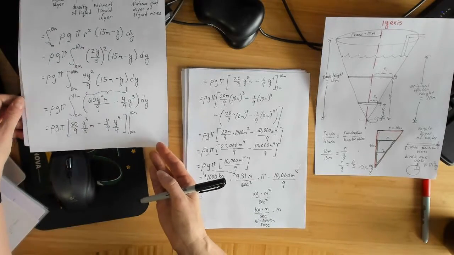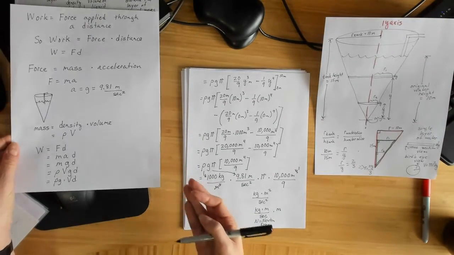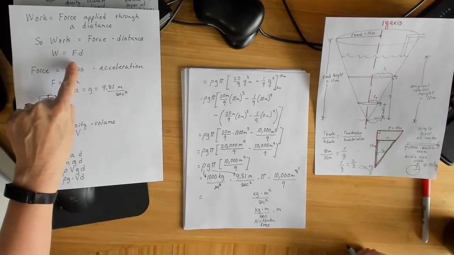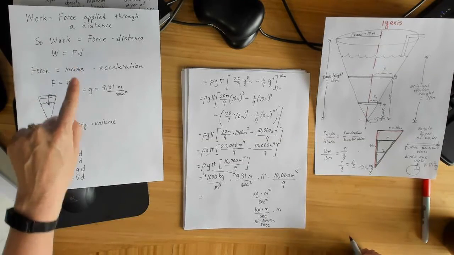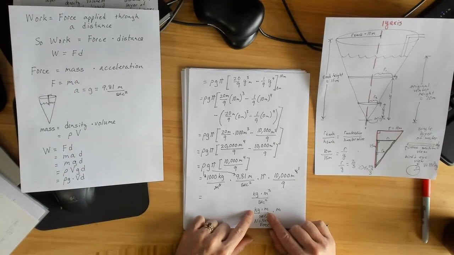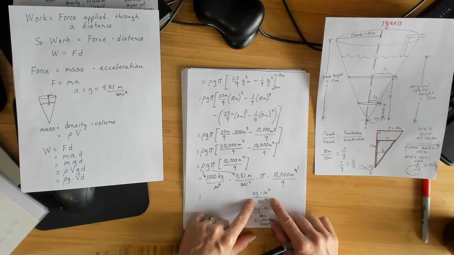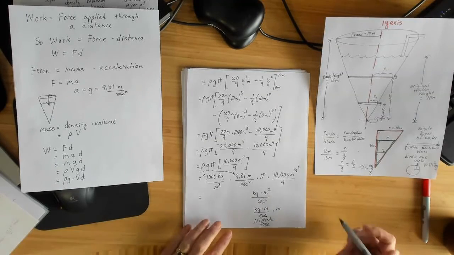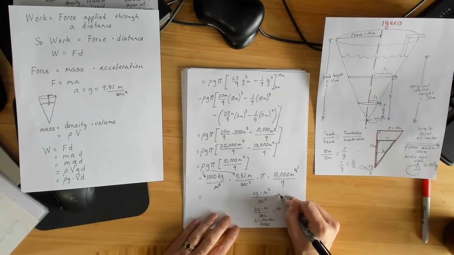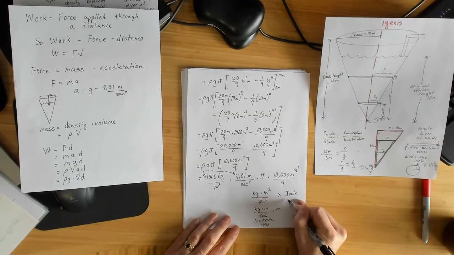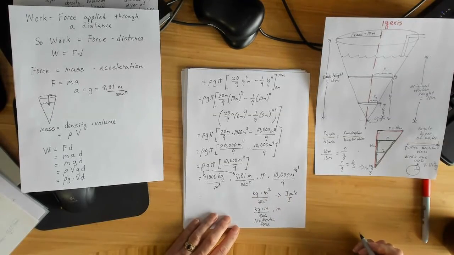If you will remember our original formula, work is force applied through a distance. So I have a measure of force, a Newton, times a measure of distance, a meter. This must represent a joule. A joule is the measure of work. So this is the same as a joule, which is abbreviated with a capital print J.